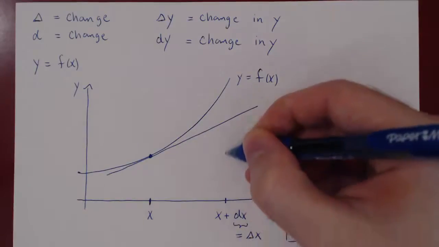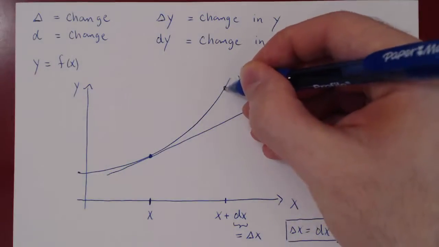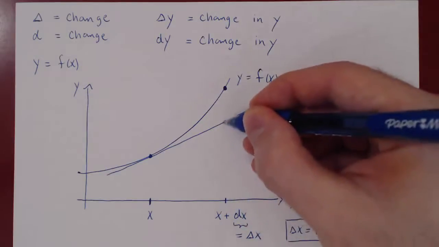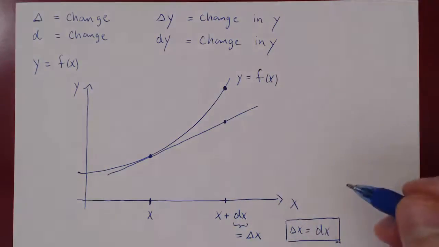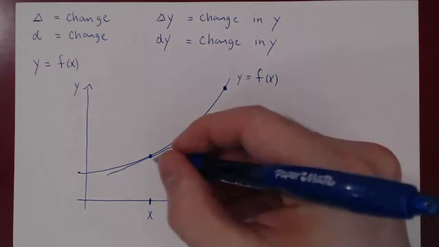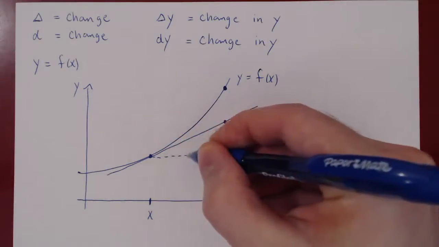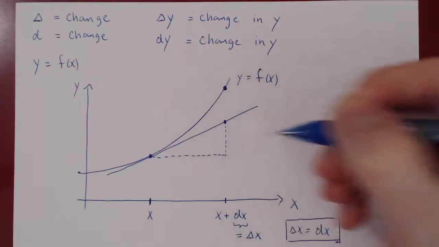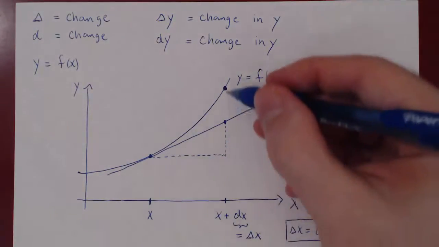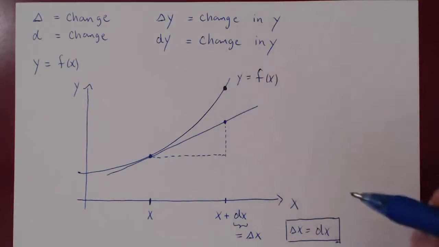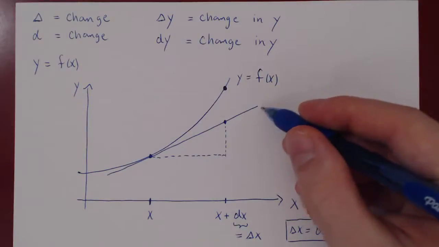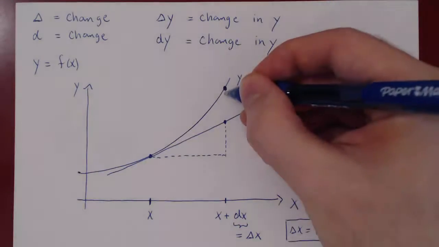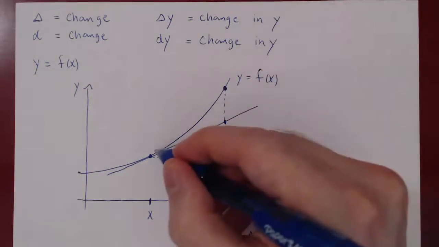So we have now the value of the function here, and we have the value of the tangent line at that same point. Let's look at the two triangles formed by these 3 points. We have this one, and we have the bigger one with the value on the function. This is just your tangent line, so this is the y value on the tangent line. But we also have this.